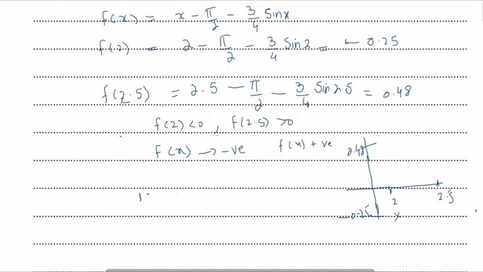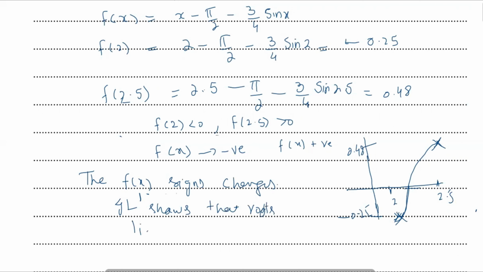Now this curve shows that the function changes the sign, and when the function changes the sign, therefore the root lies in between these two values. Now we say that f of x signs change. It shows that the root lies between 2 and 2.5.